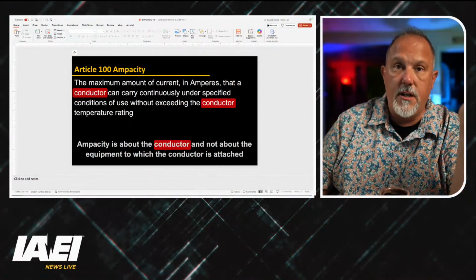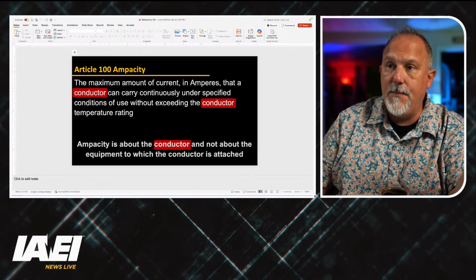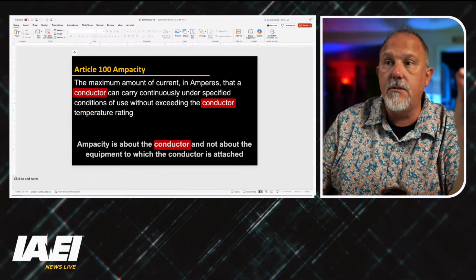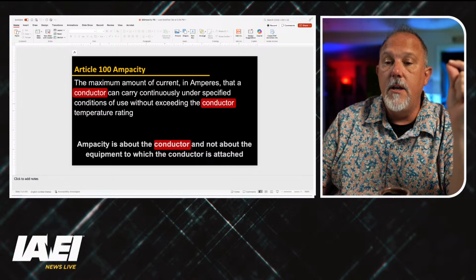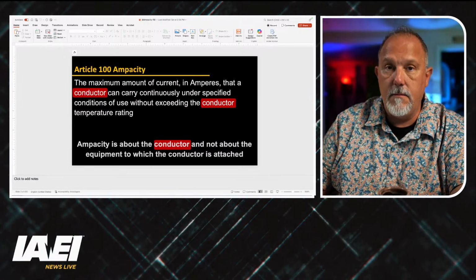We talked about ampacity, right? And we have a definition of ampacity. It's the maximum amount of current in amperes that a conductor can carry continuously under specified conditions of use without exceeding the conductor temperature rating.